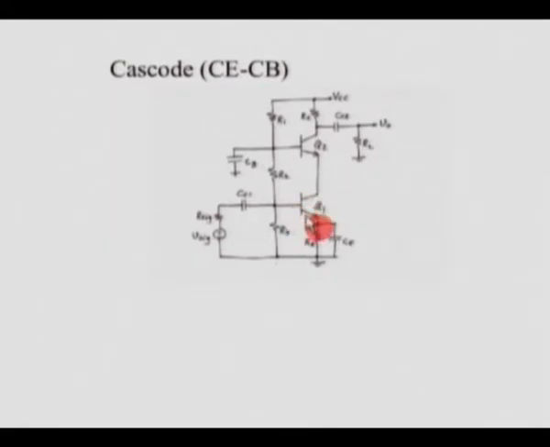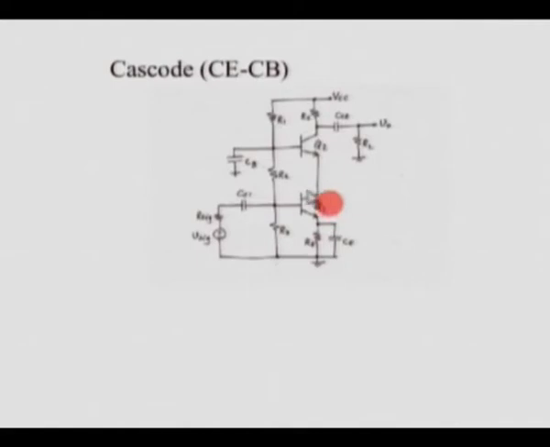Now we know that we had a disadvantage in terms of the high frequency response in a common emitter amplifier because of the Miller effect, and the Miller effect came into the picture because of the collector and the base terminal of a common emitter having a high negative gain, and we said that amounts to multiplying the C mu capacitor by the voltage gain, and that gave us what was called the Miller effect, and that reduced the bandwidth.